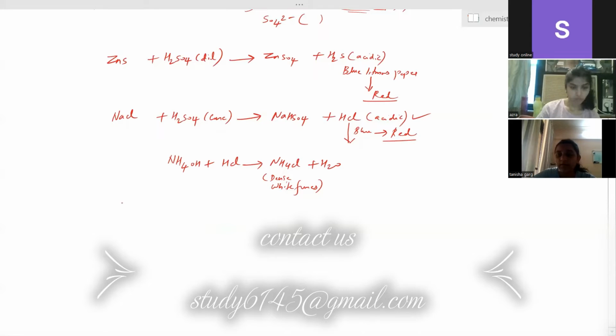NaNO3 plus conc H2SO4 will give NaHSO4 plus HNO3, nitric acid. Perfect. Now what about the next part?